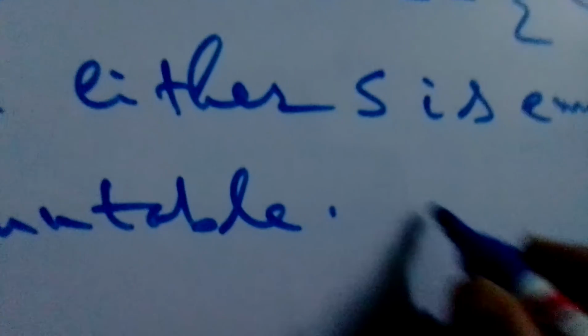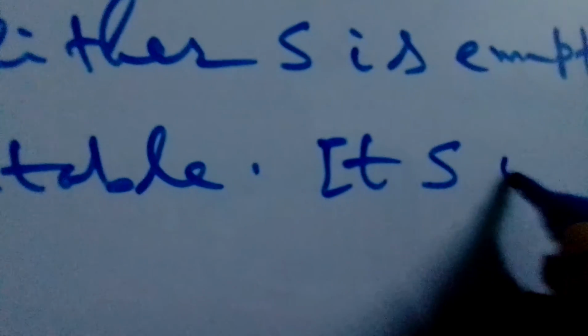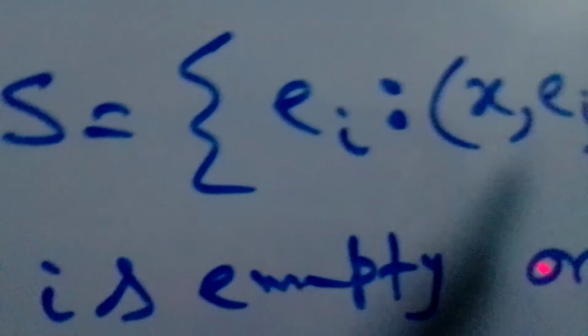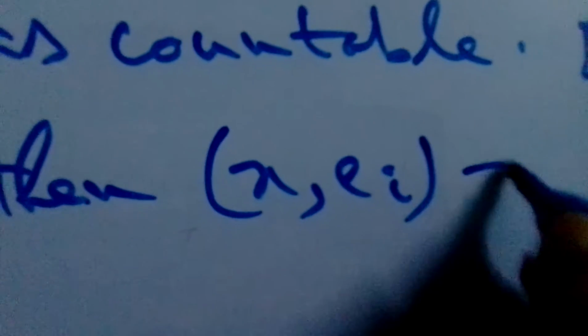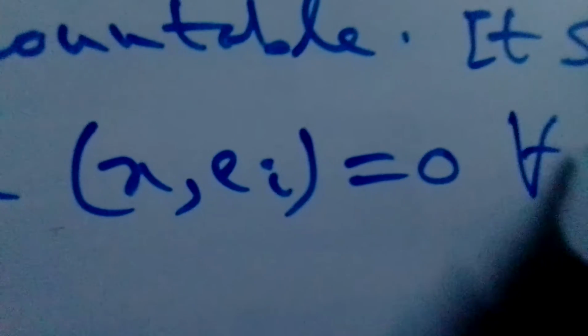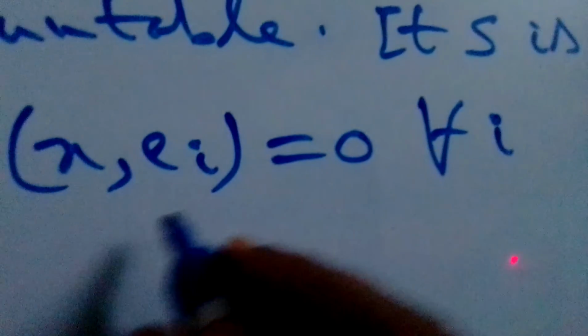These two cases arise. If S is empty, that means, considering our construction of the set S, this criteria is not satisfied. That's why this case is equal to 0, and S is empty. If S is an empty set, then x dot e_i will be 0, and this holds for all i, where i runs from 1 up to infinity.